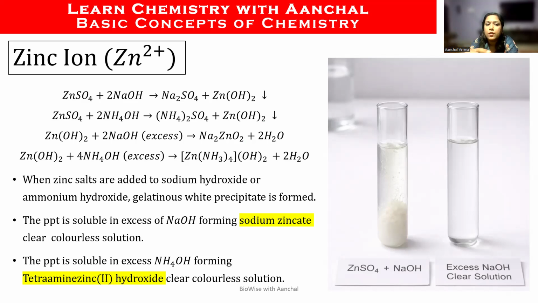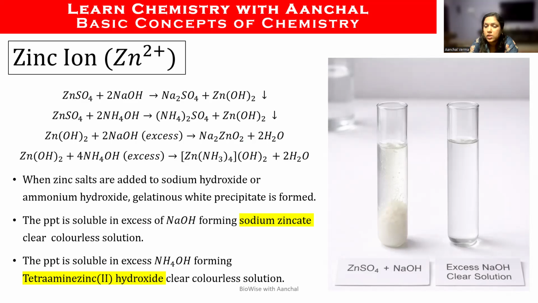If you add excess NaOH, it dissolves and gives a colorless clear solution because of the formation of sodium zincate, which is soluble in water. As well as when it reacts with excess ammonium hydroxide, a coordinate complex compound is formed, called tetraamine zinc 2 hydroxide. It is also soluble in water. So you get a clear solution in both cases.